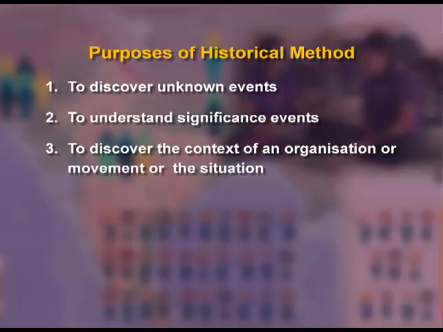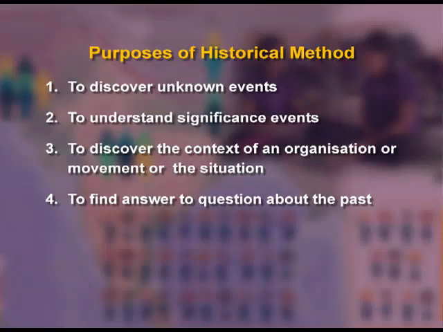Third, to discover the context of an organization or movement or the situation. To explore and explain the past, the investigator aims to seek the context of an organization or a movement or the situation being studied.